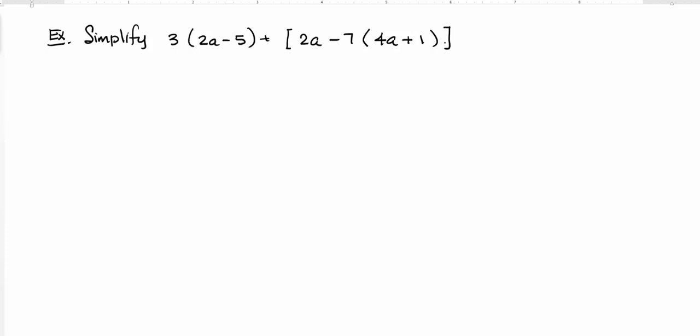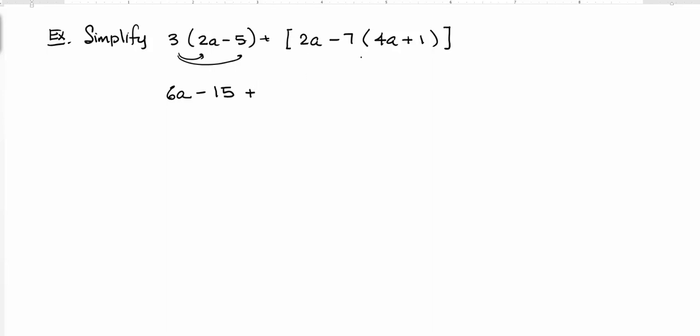Let's take a look again at what we can start to simplify. If we go into the innermost parentheses, actually we could distribute this out. So 3 times 2a is 6a, 3 times negative 5 is minus 15.